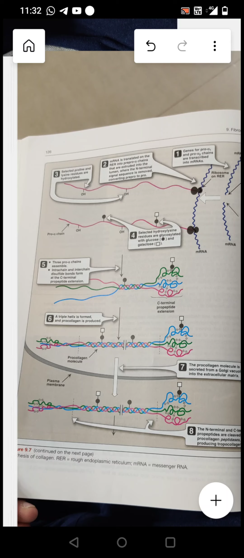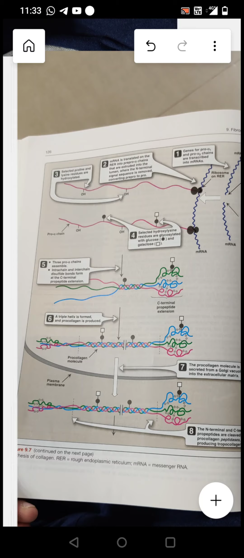Now, after transcription, you actually start getting what is known as pre-pro-collagen. That means even before getting pro-collagen, you get a pre-pro-collagen.